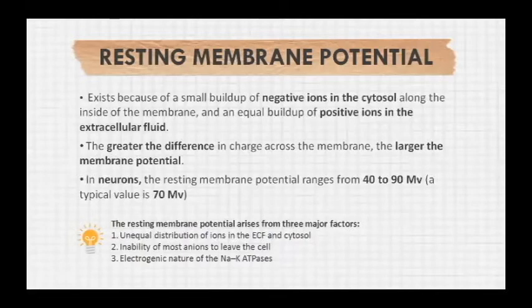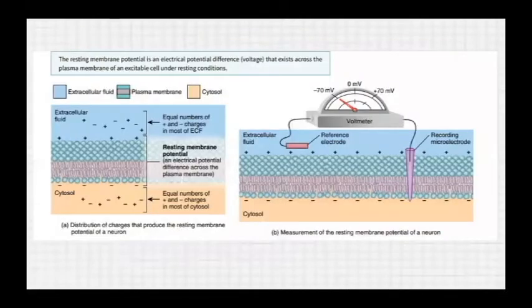If you will look at this picture, you will see that the cytosol and the extracellular fluid both have equal numbers of positive and negative charges. However, the ones near the plasma membrane have polarity, in which the extracellular fluid has a more positive charge while the cytosol has a more negative charge, which is why it is called the resting membrane potential.